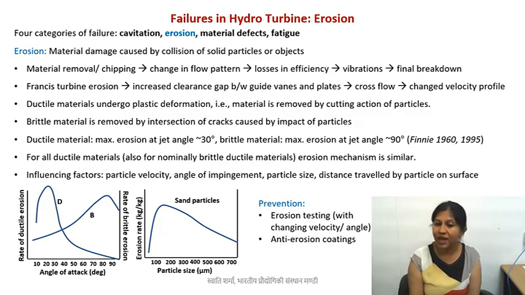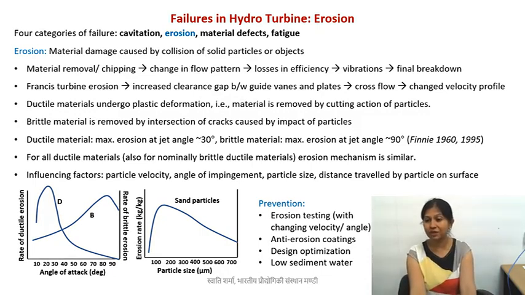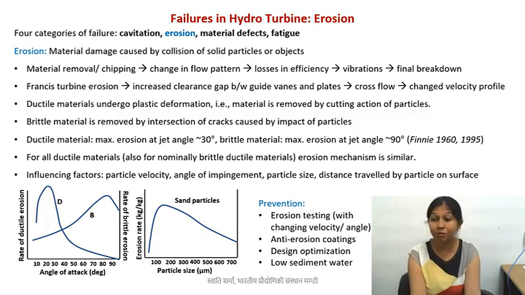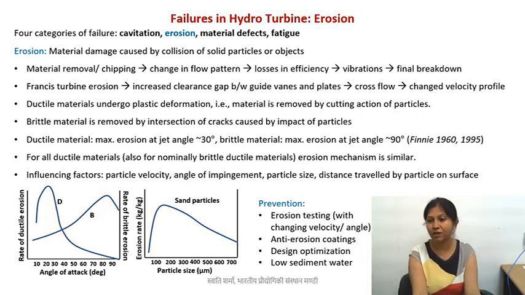You can also use anti-erosion coatings. This we also discussed previously. And of course, you have to do design optimization, factoring in all of these aspects. You can also use low sediment water. In fact, it is preferred that you use low sediment water, but this may not always be in your hands, because as an engineer, you may be given the job to design the turbine for a certain location, and you do not have the control.